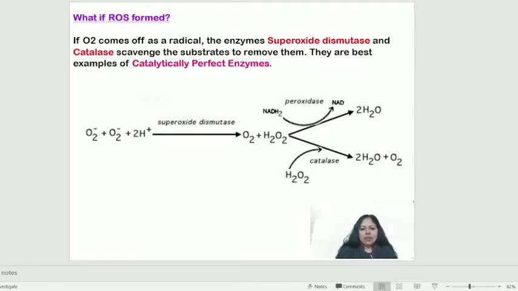Protons are plentiful in our inner membrane space, so there is no problem of protons there. So superoxide dismutase scavenges them and combines them with hydrogen ions to form less harmful, safe byproducts.